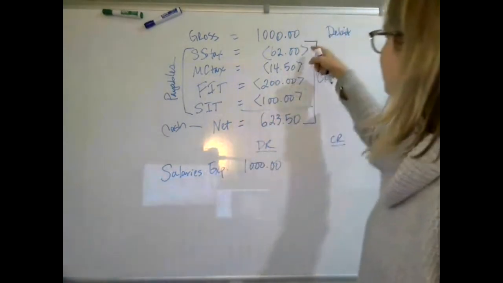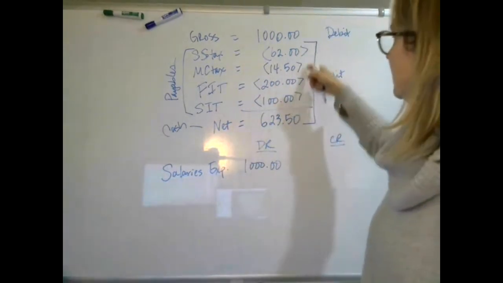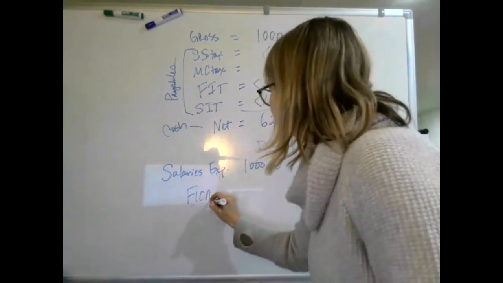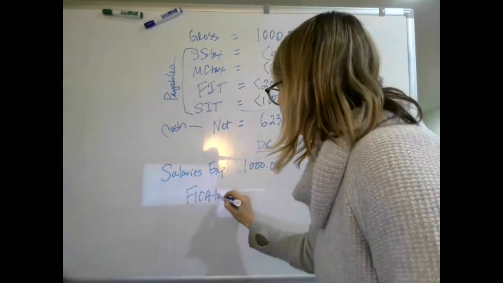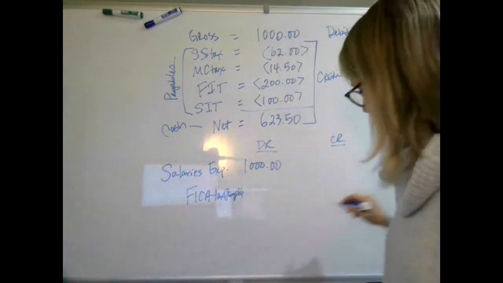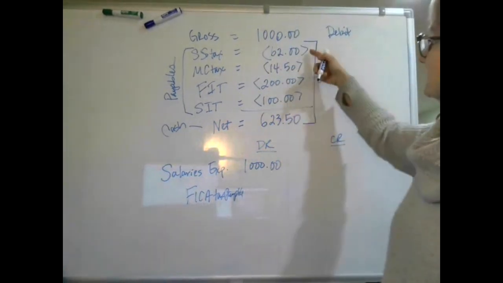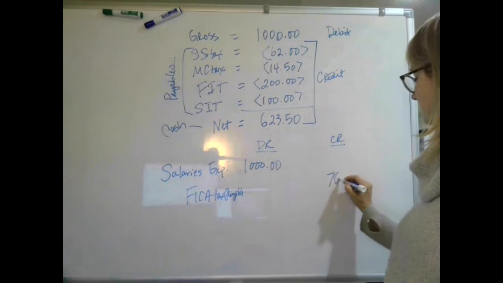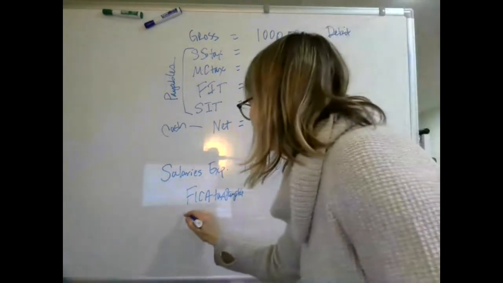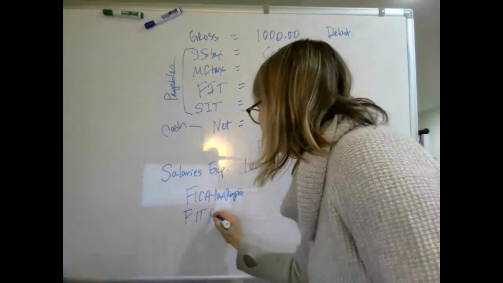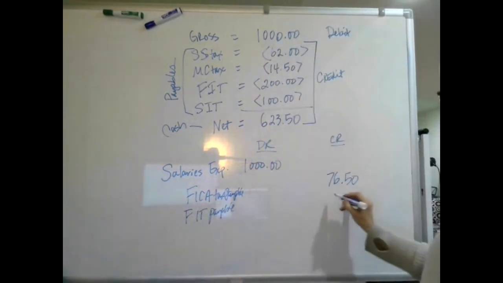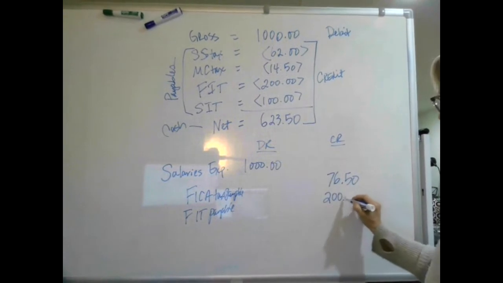So we're going to have, and we can lump these together, FICA tax payable. So FICA tax, these two, $76.50. All I did was add those two together. Federal income tax payable, we're just going to transfer that down here, so $200.